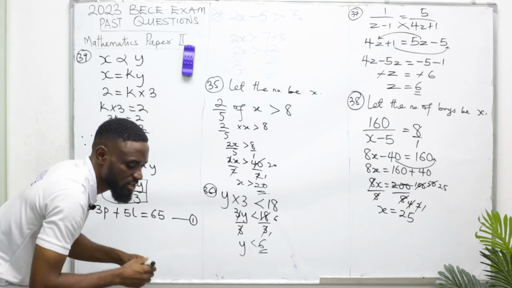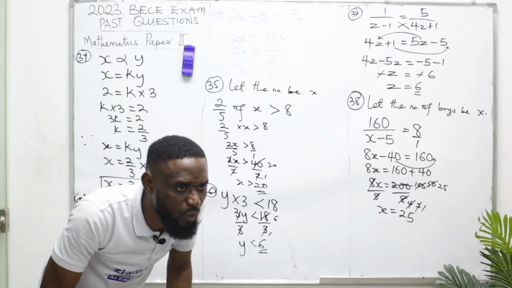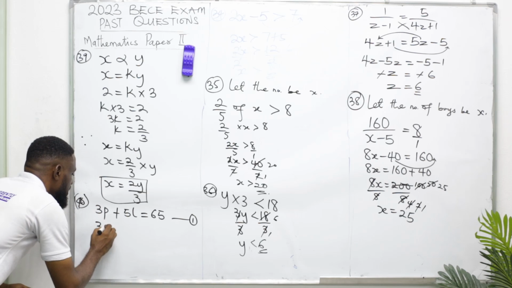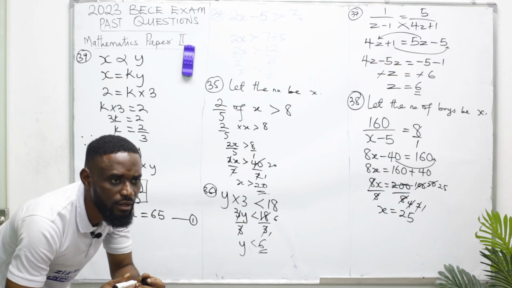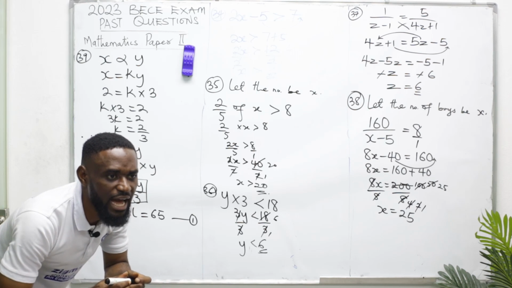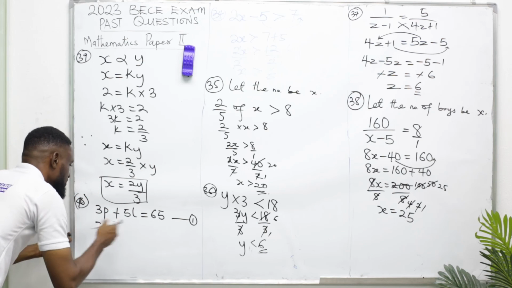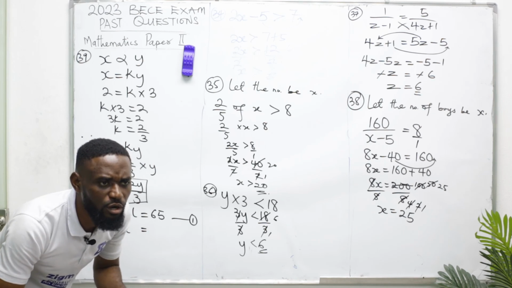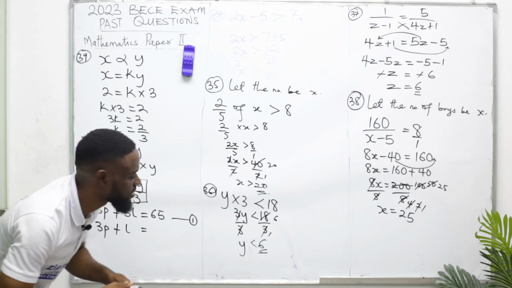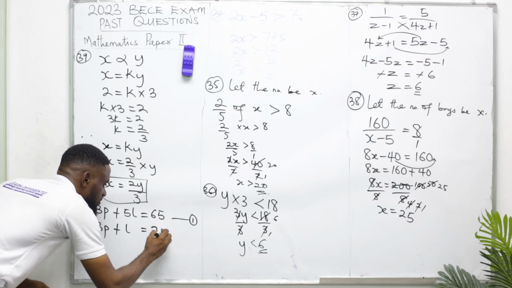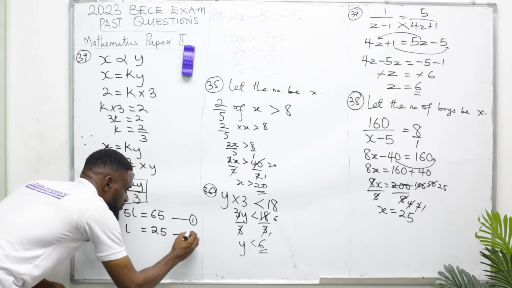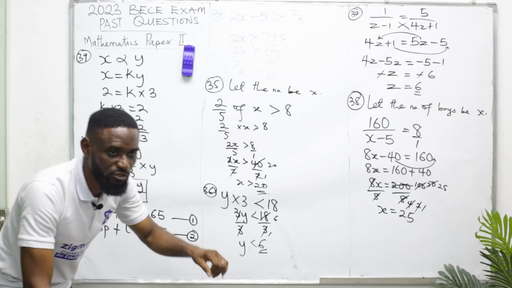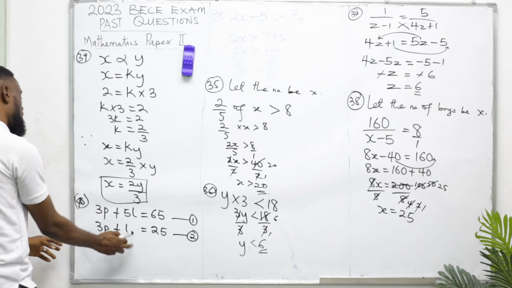Then they said while 3 pens, 3P, and a ruler, 1L, cost 25 naira, equation 2. So they're asking us to find the cost of a pen and the cost of a ruler respectively.